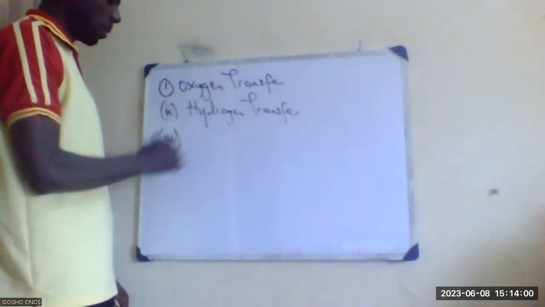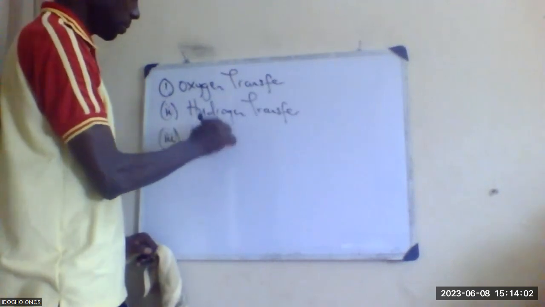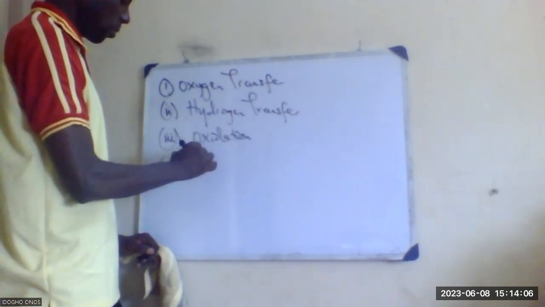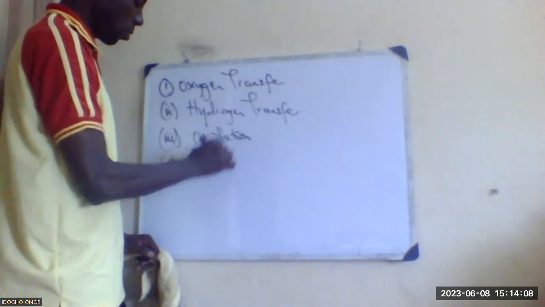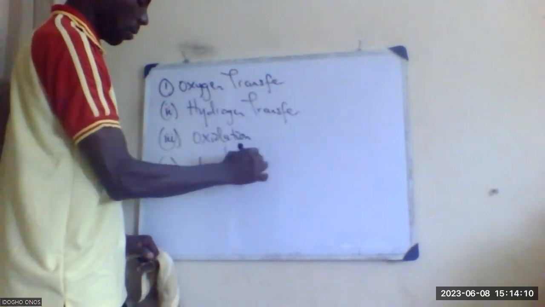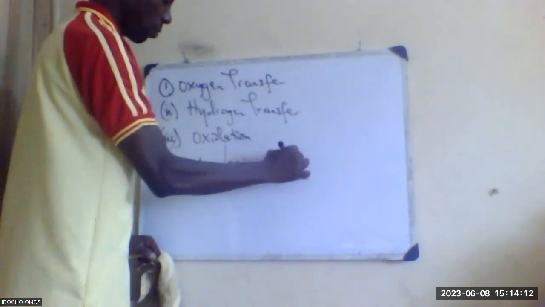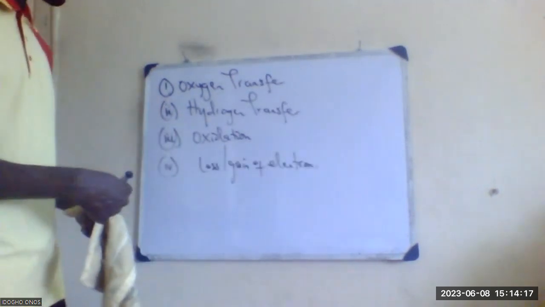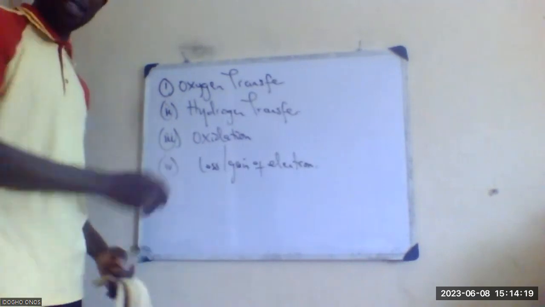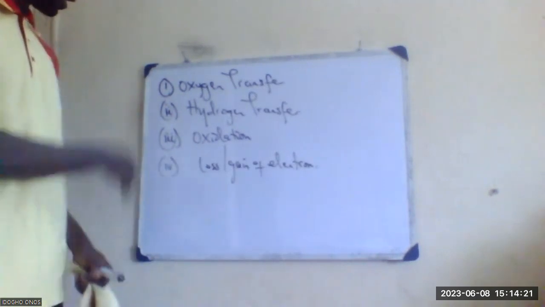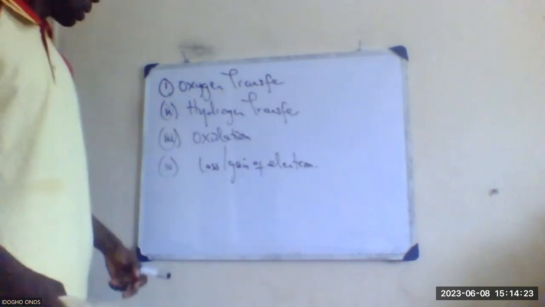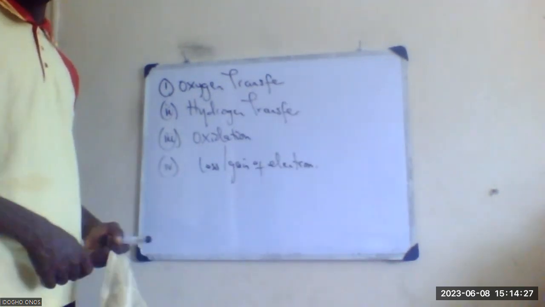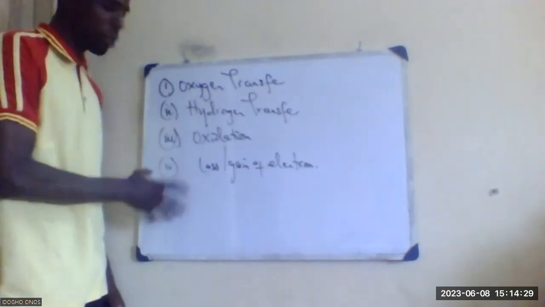Three, oxidation number. And also, based on loss or gain of electrons. Sometimes we can even add a fifth, based on the addition or subtraction of electropositive or electronegative ions. But these four categories are good to go.